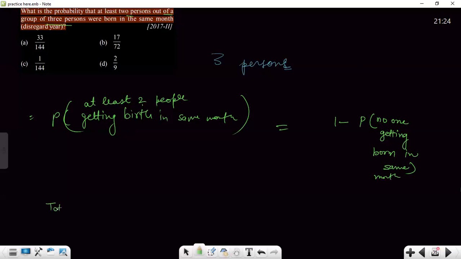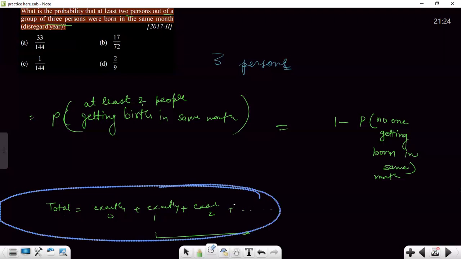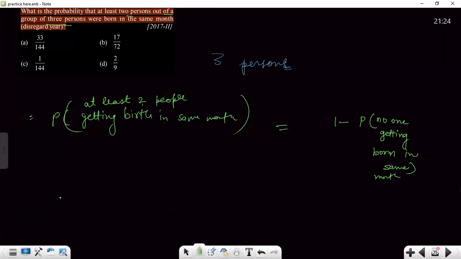Yeah, please remember the concept that we have talked about earlier: exactly 0, exactly 1, exactly 2. For at least 1, we consider all the values to the right, and for finding at least 1, we subtract exactly 0 from the total. So this is exactly what we are doing here. This becomes 1 minus the probability of no person getting born in the same month.